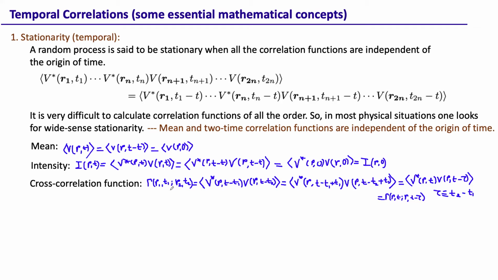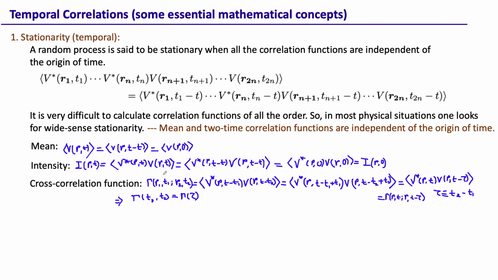So, the gamma that was T1 T2, if it has to be independent of the origin of time, has to be equal to gamma of T minus tau. In fact, if we do not write the R1 R2 notation and just take the time arguments, we can write gamma T1 T2, this two time argument thing, equal to gamma of tau.